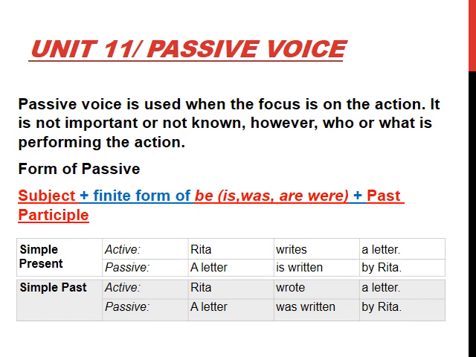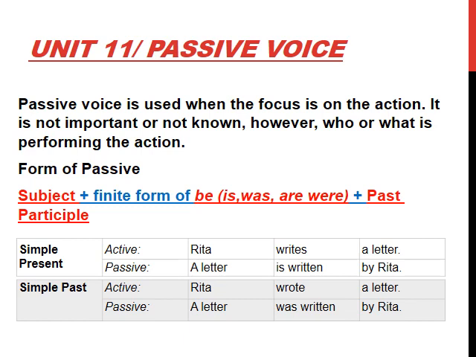And here we have examples concerning the passive voice, one from the simple present, the other from the past. Here we have the active from the simple present tense. Rita writes a letter. So you see here we have the subject, the verb, and the object.